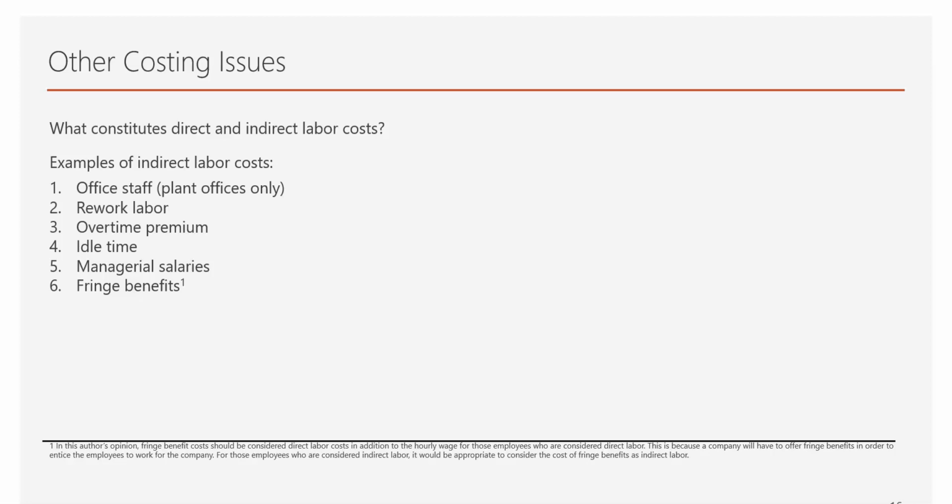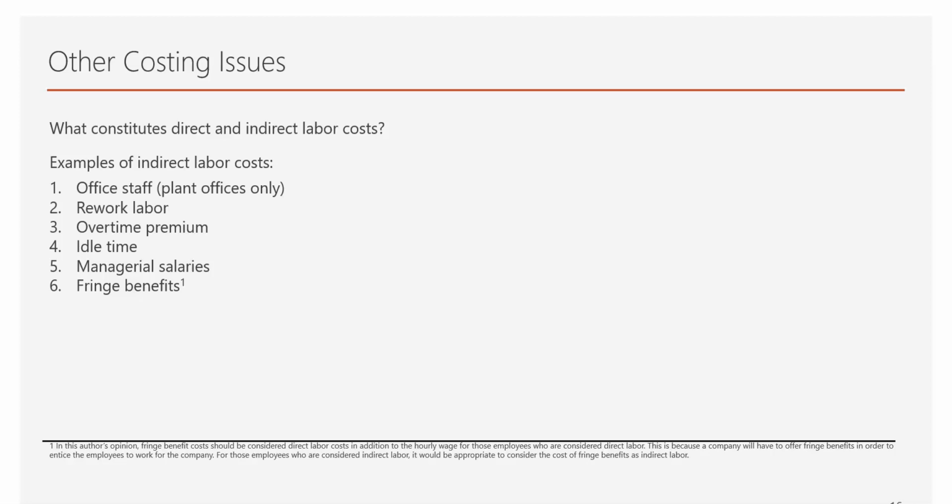Why? Because, usually, the company will have to offer fringe benefits in order to entice employees to work for the company. I mean, if I offer you $30 an hour, but I say I don't feel like giving you benefits, and Joe Blow next door, in his company, offers you $25 plus fringe benefits, or even $30, let's say he matches my hourly wage of $30.